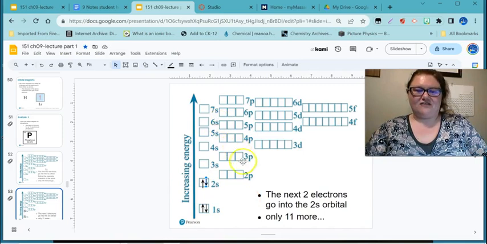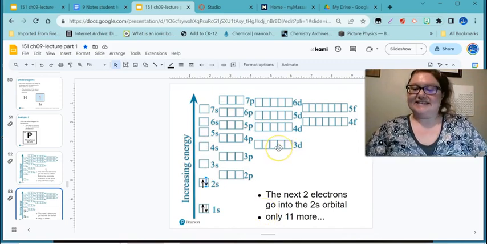Notice how these are scattered. That's on purpose so that I'm going in increasing order. So after 2s is 2p. Notice that in this Aufbau diagram, the 2p is after 2s but before 3s because that's the order it fills. And so you'll see this zigzag.